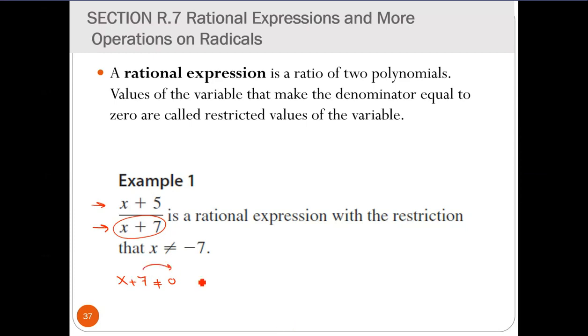After transferring the 7 from left to right, we have x must be not equal negative 7. Okay. This is called restriction. هذا شرط الاكسبريشن، شرطها أو القيود تاعتها أنه ما يكون المقام 0. متى بكون المقام 0؟ عند النيجاتيف 7. إذن ال x must be not equal negative 7.